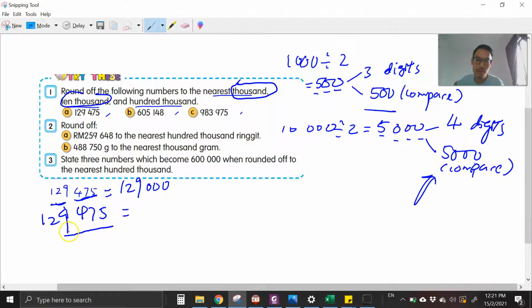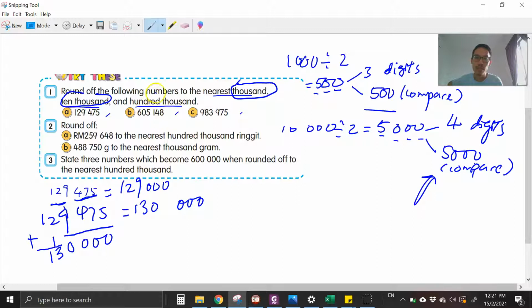Now 9475 is bigger than 5,000. So what we do is we have to plus 1 to the front number. So 12 plus 1 is 13. And then the last 4 digits you just change to zeros. So your answer is 130,000 for the nearest 10,000.